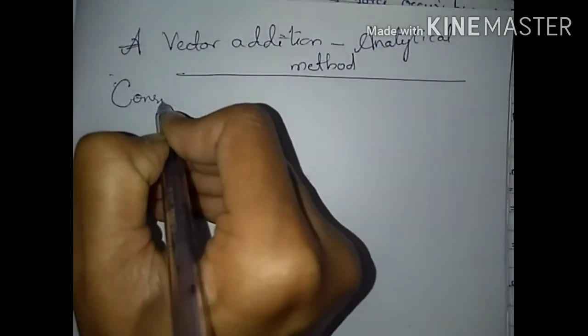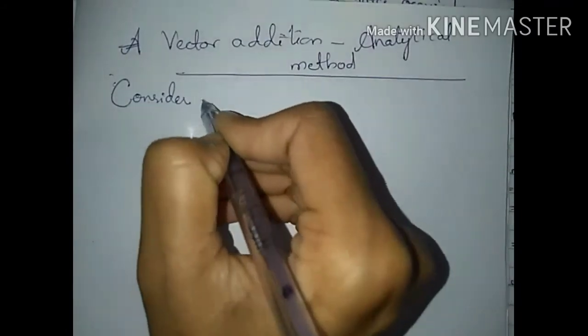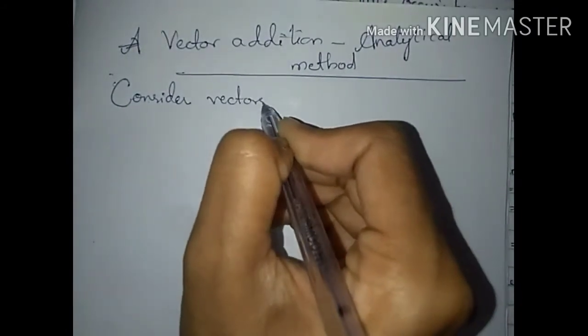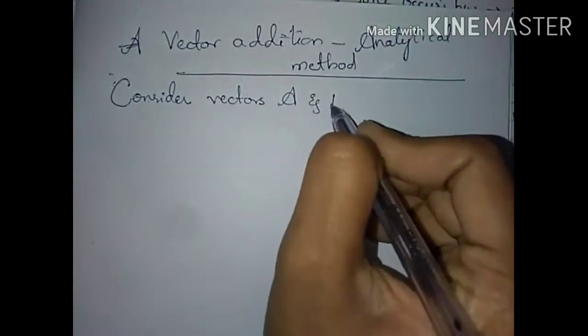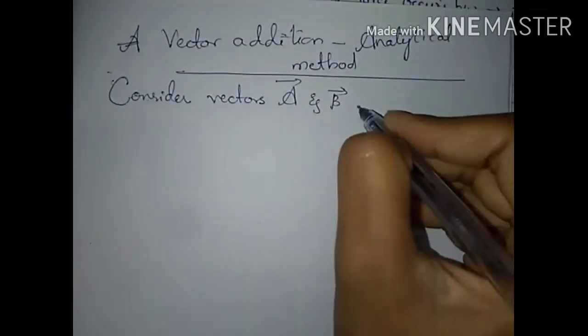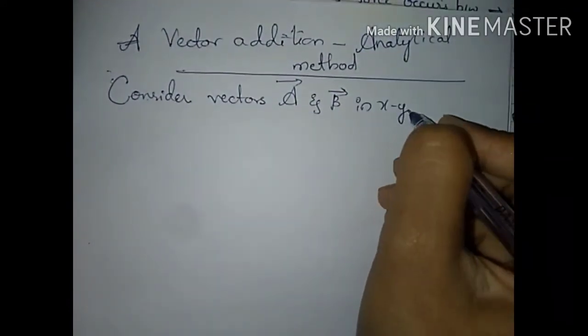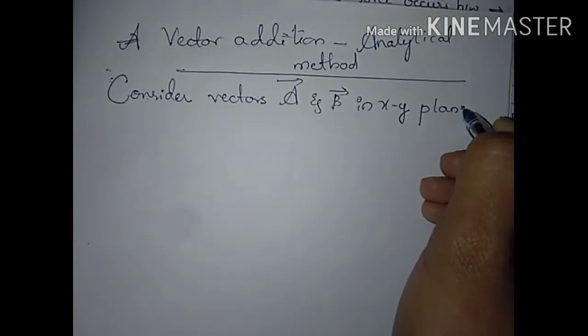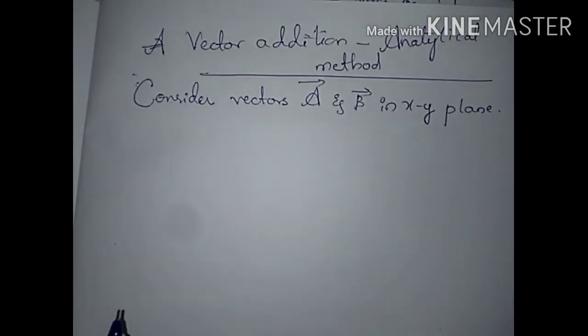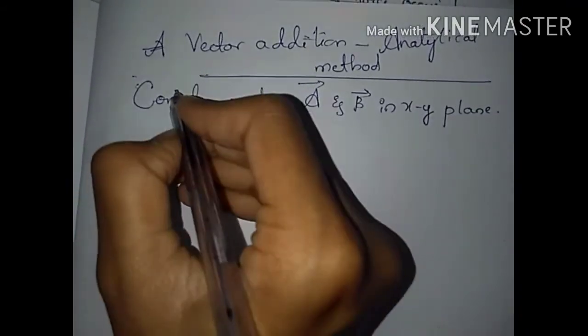So consider vectors A and B in XY plane. So what will be the components of A?